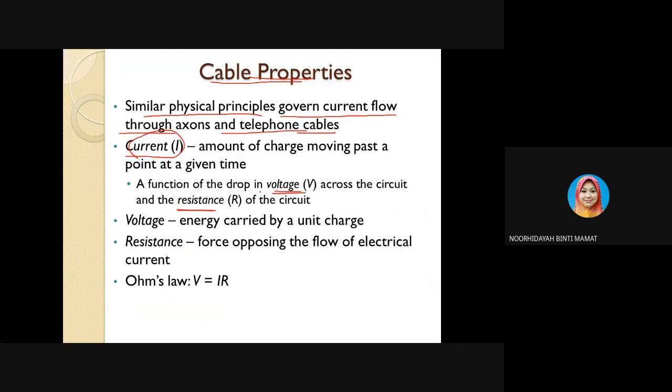It depends on these two factors. The voltage is the energy carried by a unit of charge, and the resistance is the force opposing the flow of electrical current. So Ohm's law is voltage equals IR.